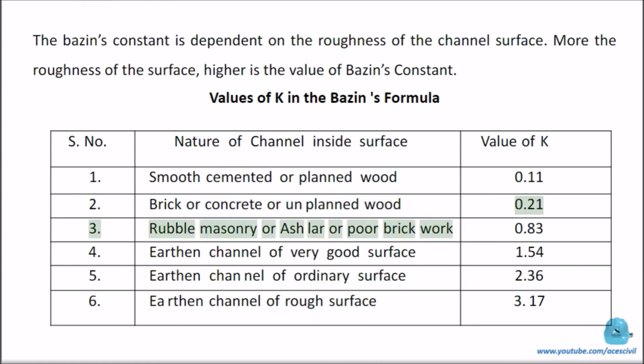Rubble masonry or ashlar or poor brick work, 0.83. 4. Earthen channel of very good surface, 1.54. 5. Earthen channel of ordinary surface, 2.36. 6. Earthen channel of rough surface, 3.17.